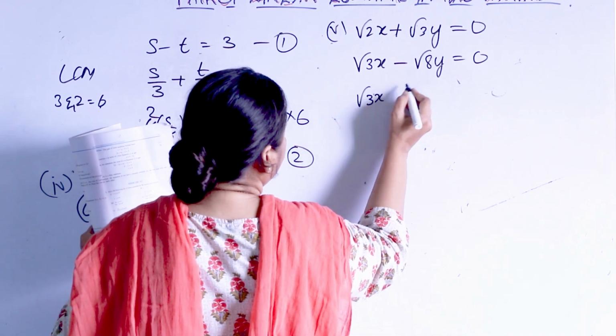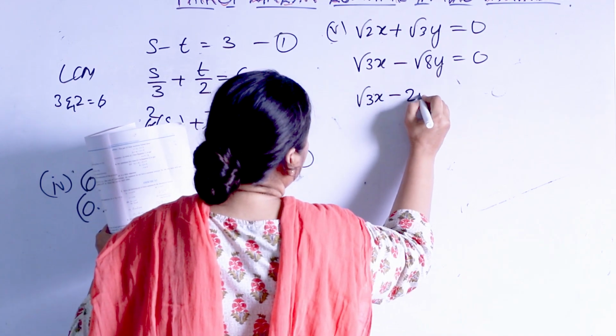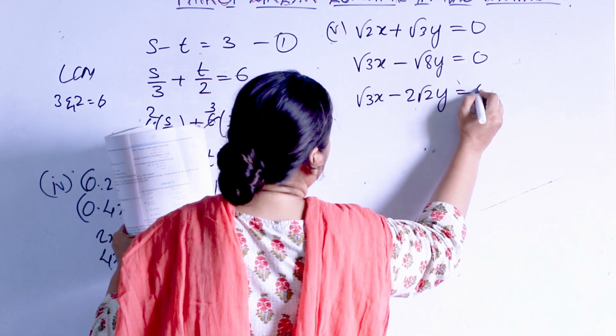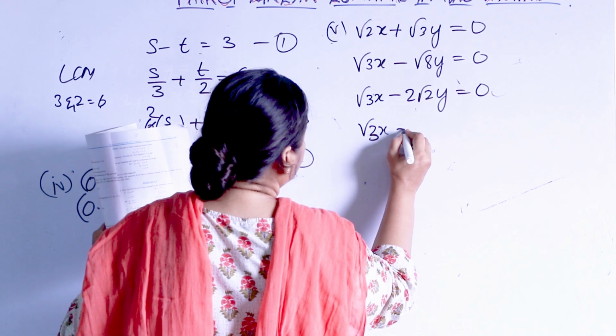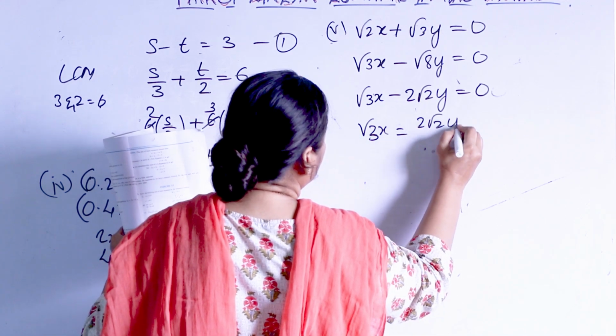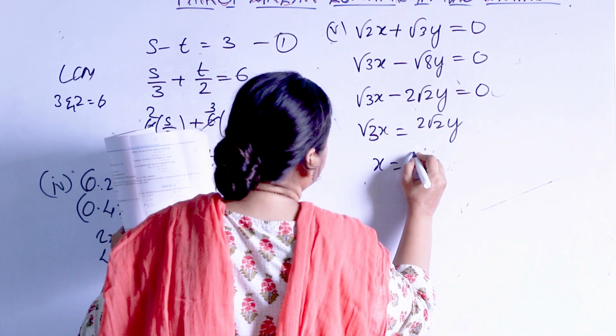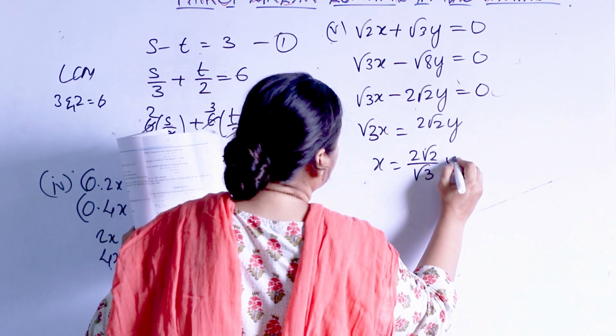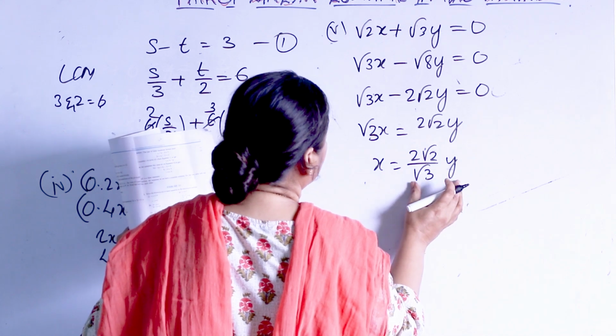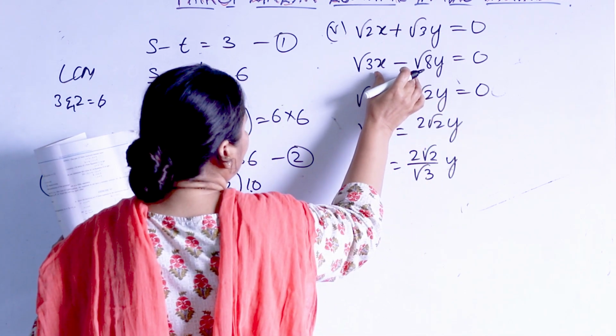So I will first express this root 8 as 2 root 2y equals 0. Transpose: root 3x is equal to 2 root 2y. X is equal to 2 root 2 by root 3 y. So this should be substituted in equation 2.